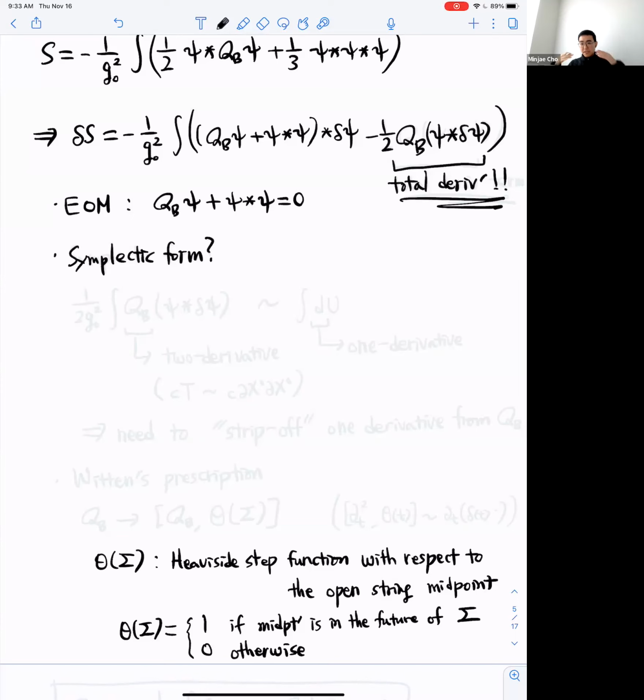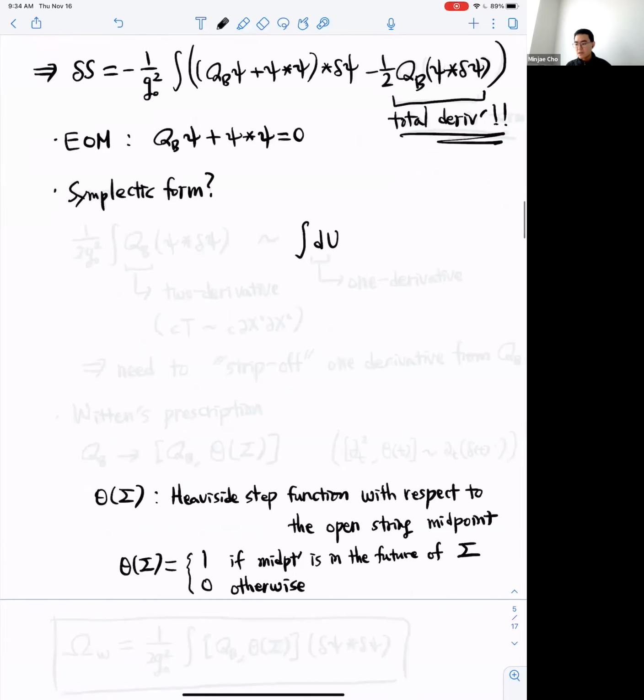So, okay, let's revisit what we did in the free particle case. Basically, we had a total derivative term written in terms of d acting on some u, and this u was the pre-symplectic potential. By the way, note that this d is one derivative. It's a first order derivative, I should have said.